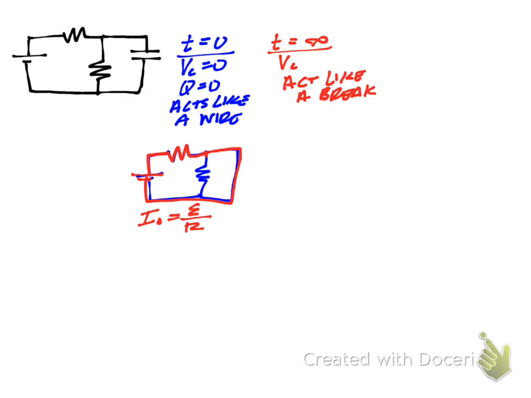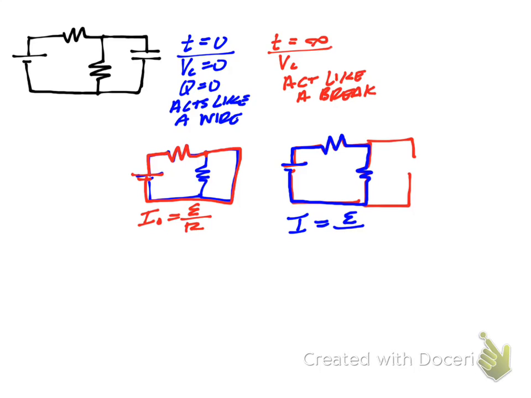So in that case, you have your battery, resistor, resistor. And since this capacitor is full, it can't push any more charge through it. So that's the only place that charge is going to flow in this circuit, and the current afterwards is going to be EMF over, in this case, we'll just say R plus R. You're going to have numbers, you have to figure it out. But it acts like a break.